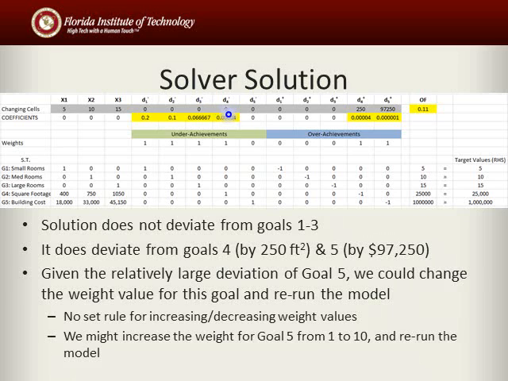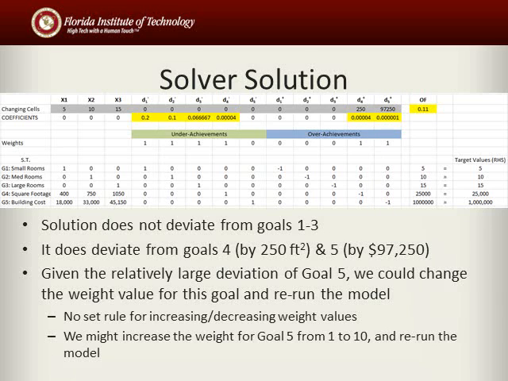With respect to goal number 4, I am deviating by 250 square feet, and it deviates from the cost goal by 97,250.